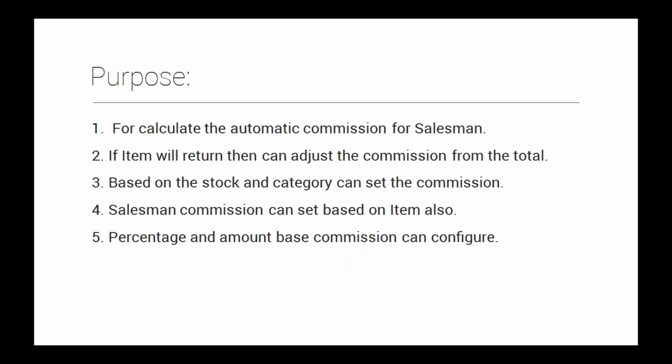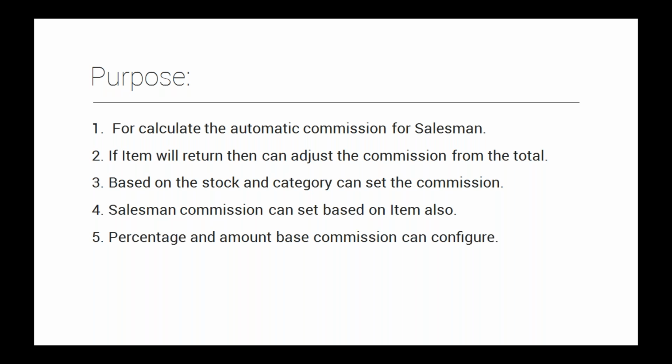First I want to explain to you what is the purpose of salesman commission. First thing, to calculate the commission for your salesman, you can save your salesman name in salesman master, and you can define the slab based on your fast moving or slow moving items or category, and you can define the commission percentage and amount also.